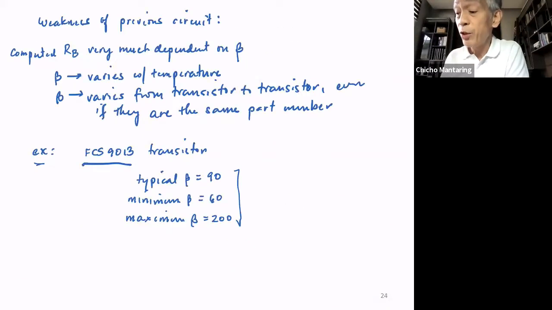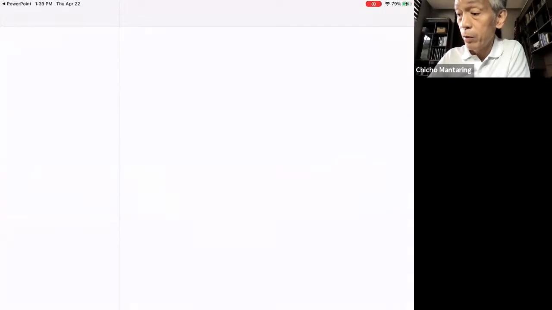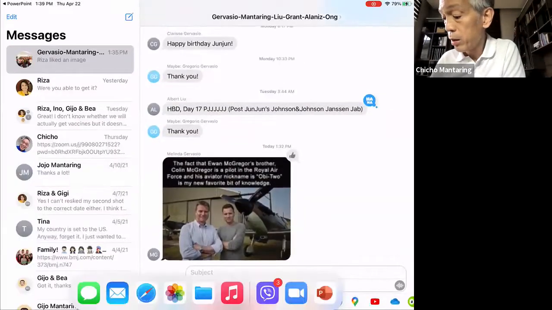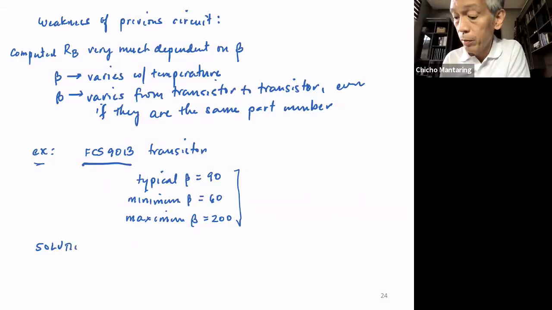Okay, so what is the solution? Okay, you add a stabilizing emitter resistor.